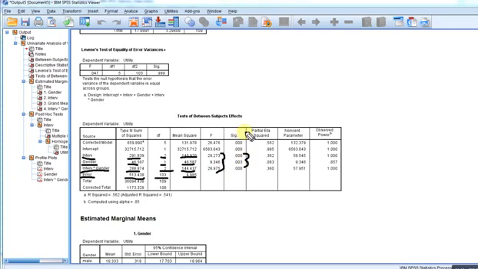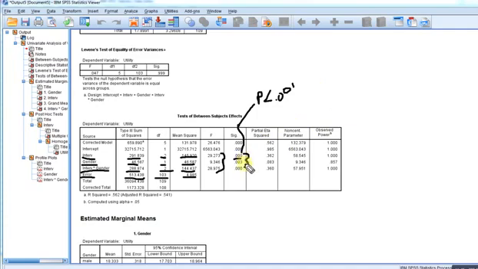In this column right here, these are p-values, and SPSS rounds off to 0.000. In actuality there's no zero p-value, but that's just the way it's printed out. So typically researchers will report it as p less than 0.001, because the actual value could be 0.000001 or something like that.